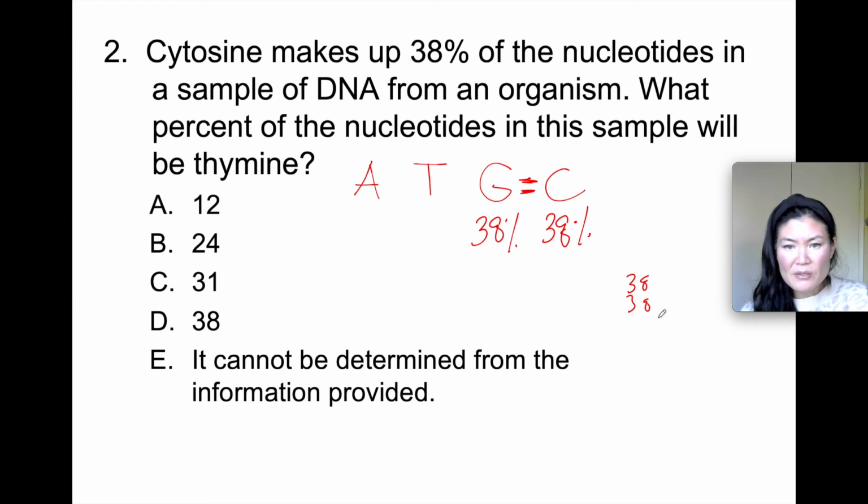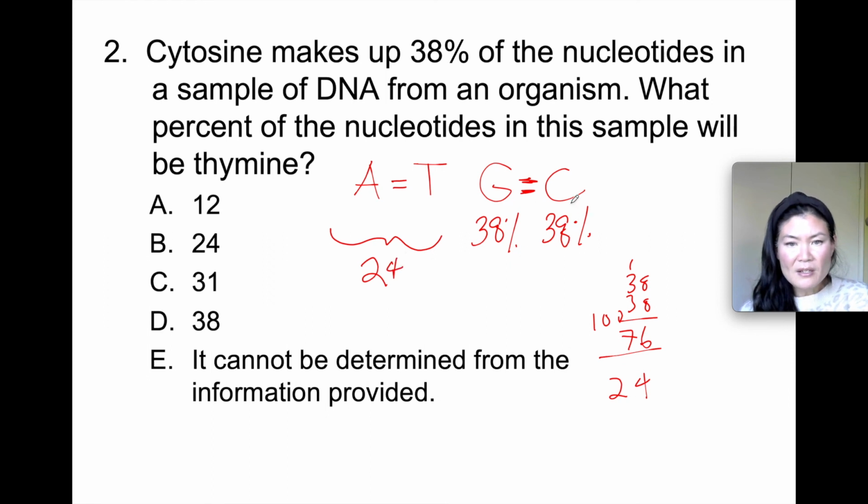What's 38 plus 38? My goodness, I can never do the math here. 76. Okay, so that means that adenine and thymine, when you add those together, they're going to be equal to, what's 100 minus 76, sorry you guys, I always... 24. Okay, so they equal 24.